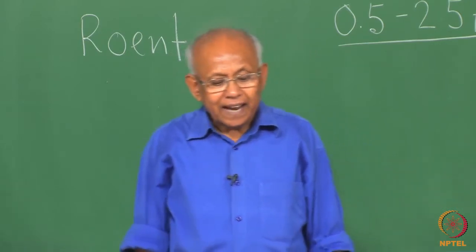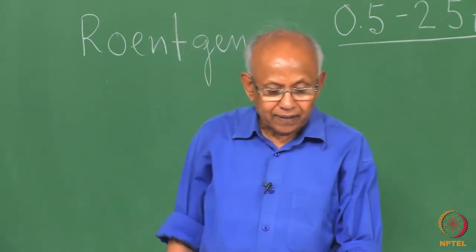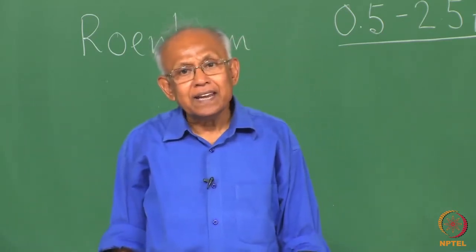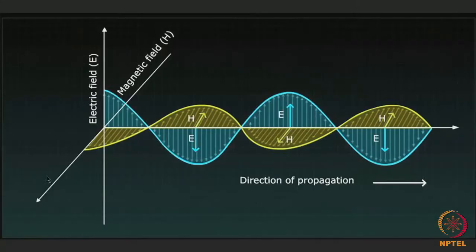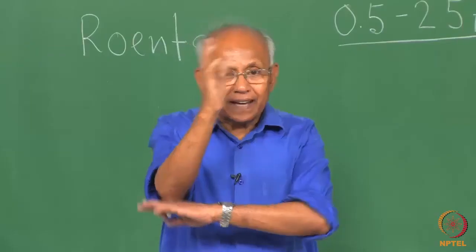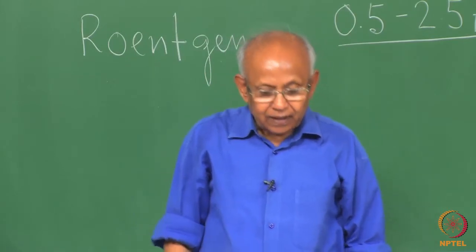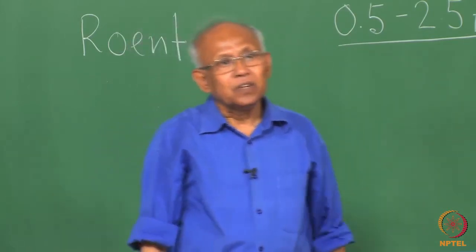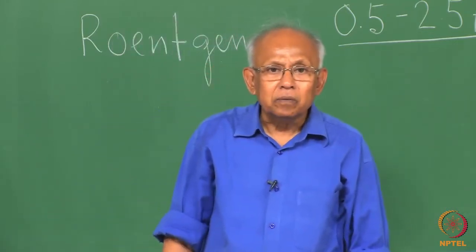Now, the electric field and the magnetic field, which are perpendicular to each other, can assume any direction in the yz plane. If that is the case, we say that the radiation is unpolarized.